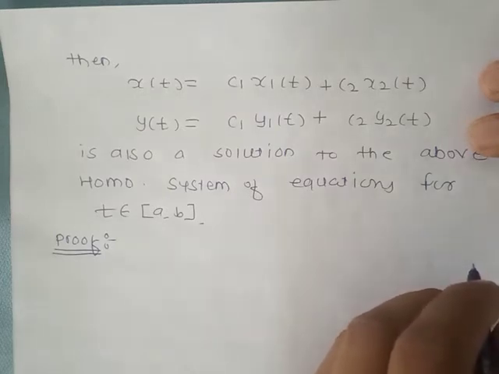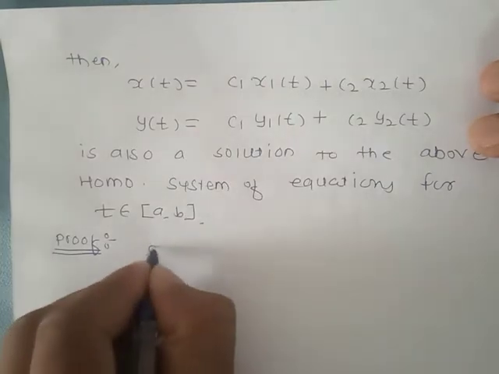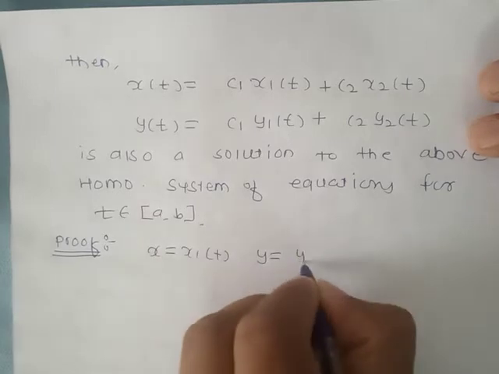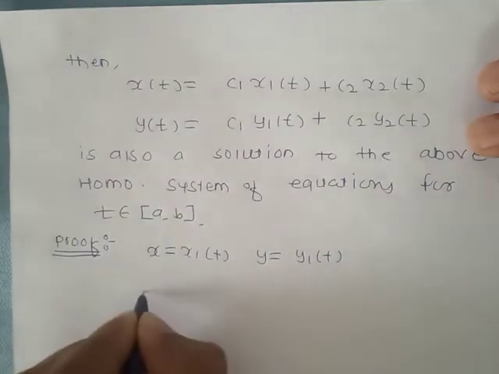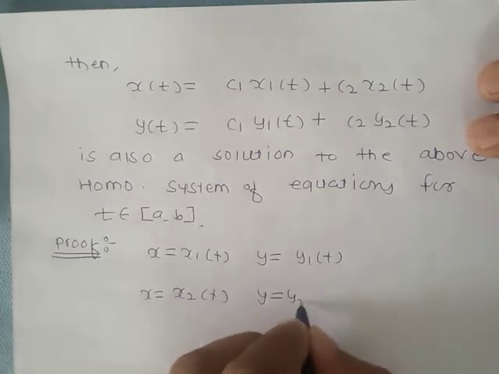What have we been given? We are given two solutions: x is equal to x1 of t, y is equal to y1 of t is one solution, and another solution x is equal to x2 of t, y is equal to y2 of t.